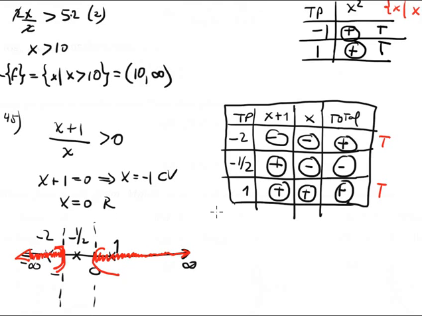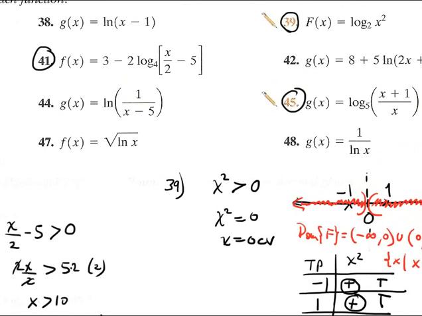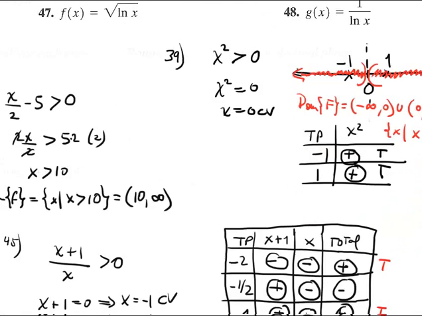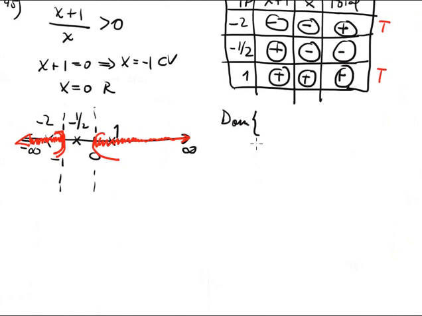Okay, now the domain conclusion. Domain of the function, what is the name of the function? This function? G. Domain of G is from negative infinity to negative 1, union, 0 to infinity.